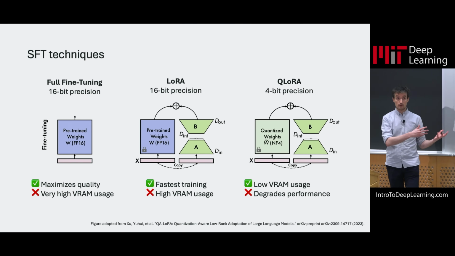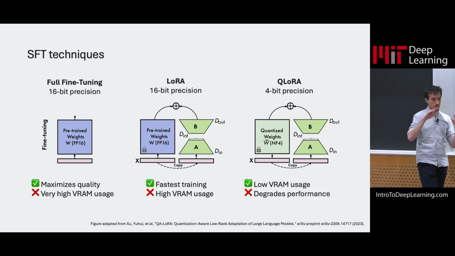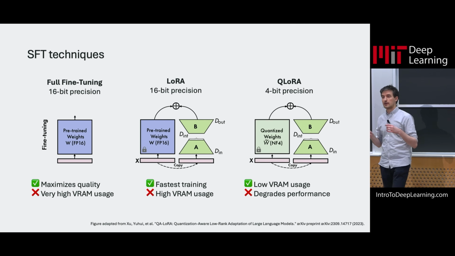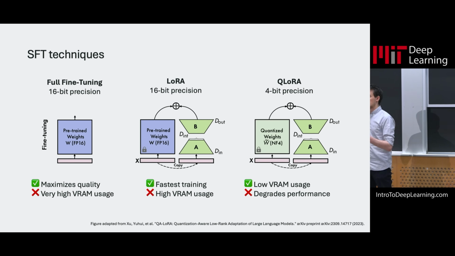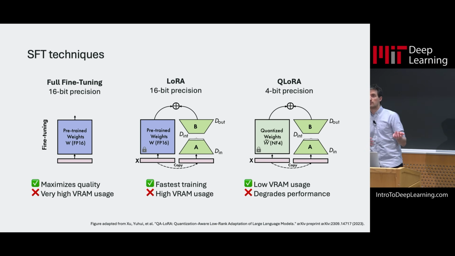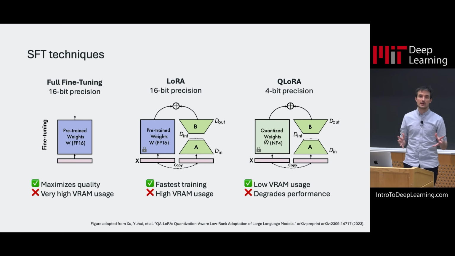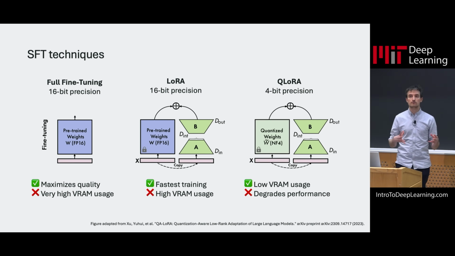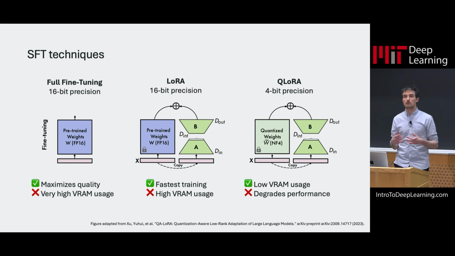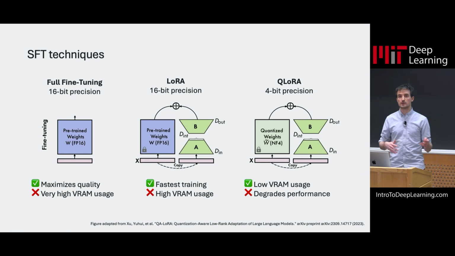So it's really good if you cannot do LoRA. The problem is that it's also slower, and it will degrade performance a little bit, like a few percent. So it's not really recommended, and if you can afford doing LoRA fine-tuning, I would recommend LoRA fine-tuning. And most of the time, full fine-tuning is actually a bit too much. You probably don't need it unless you are really training models because you're an LLM company.